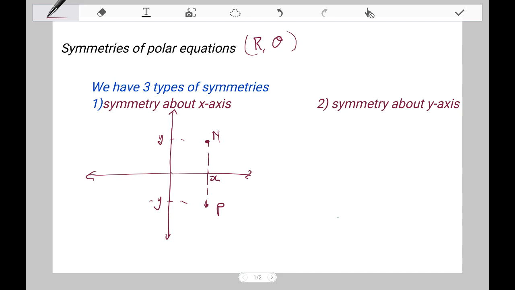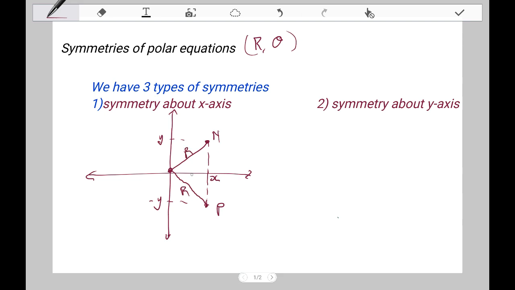If I draw a line from the center to that point, and another line from the center to this point, as I told you, polar coordinates are in the form of r and theta, where r is the distance from the center to any point in space, which is this r here and this r there.